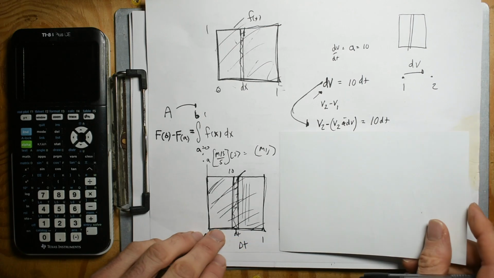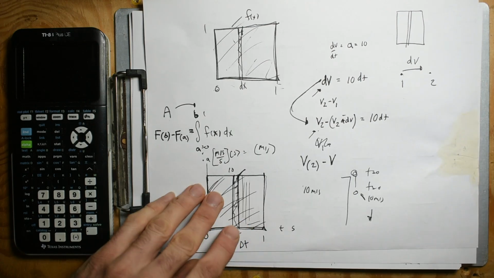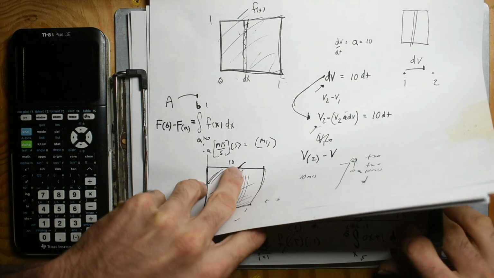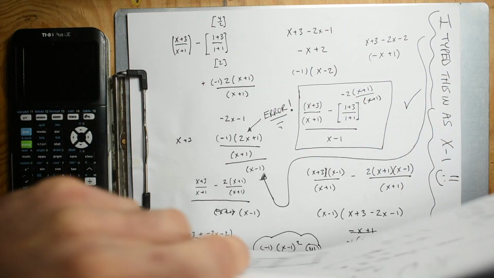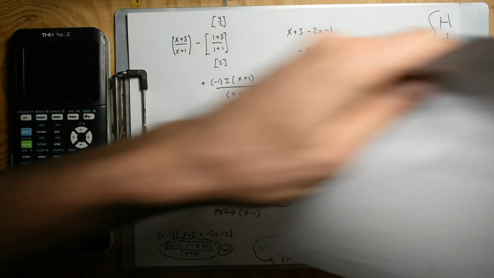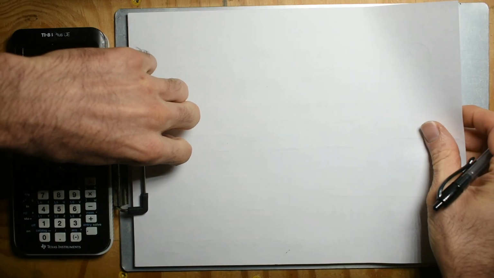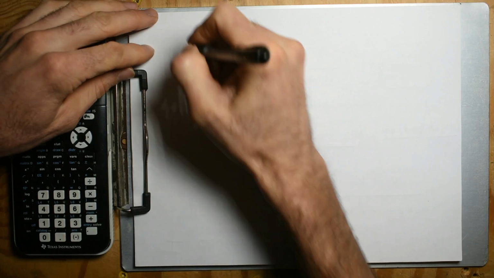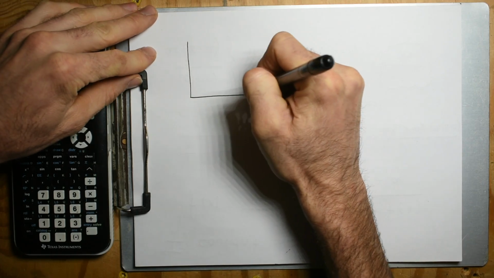Let's try to make this make sense. Let's grab a fresh sheet, I'm running out of paper. This is why this doesn't make sense.